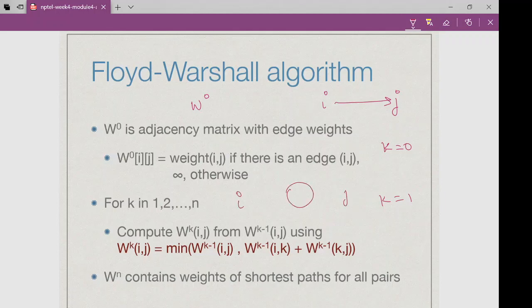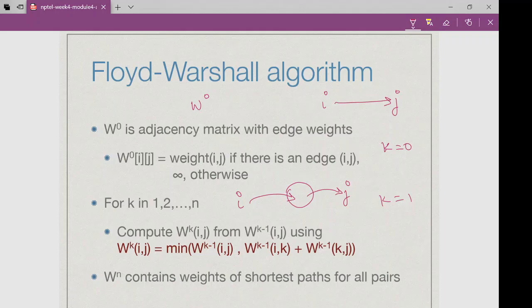So i is there, j is there, and only one vertex or one hop is allowed. We come from i to that vertex, and from that vertex we go to j. Similarly we will run for k equals 2, 3, and so on till k becomes n.